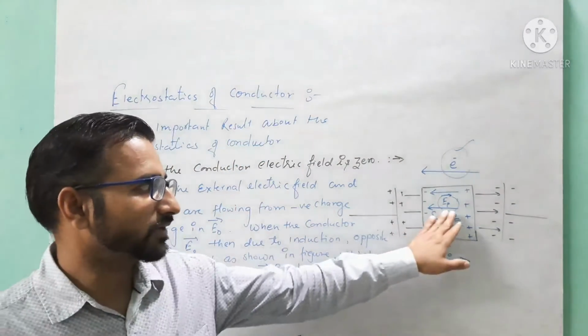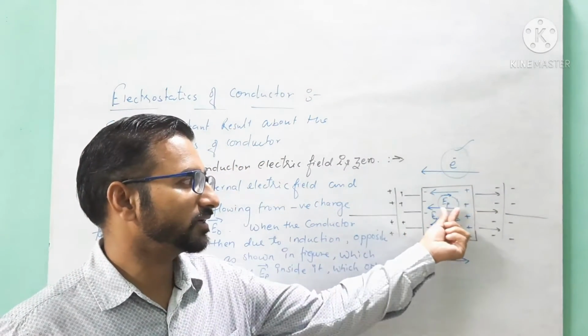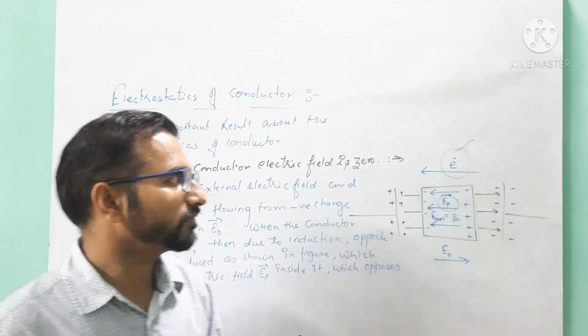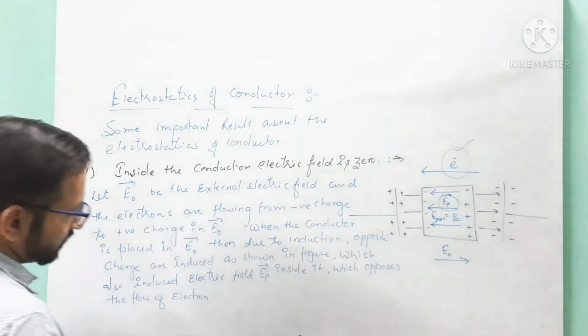When the electric field is induced inside the conductor, it opposes the flow of electrons.